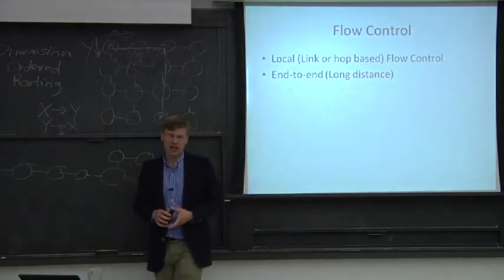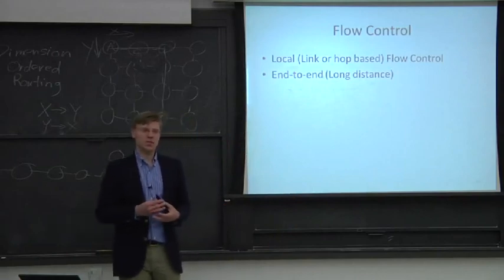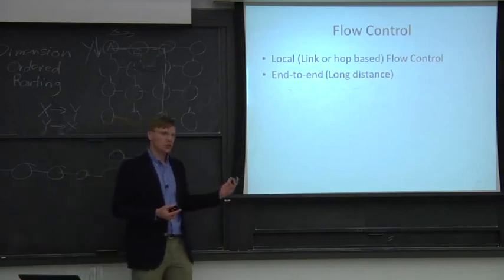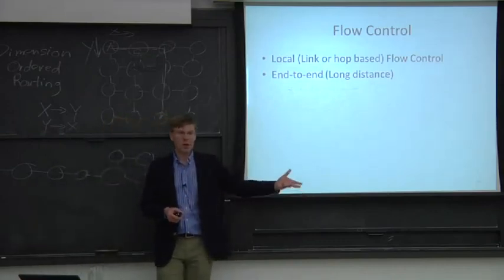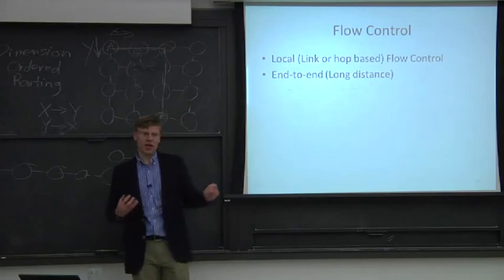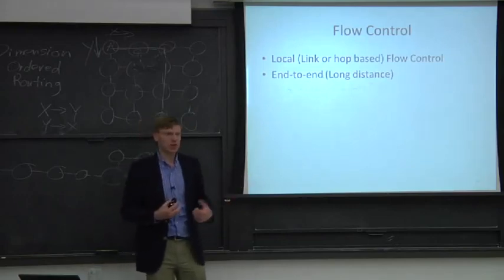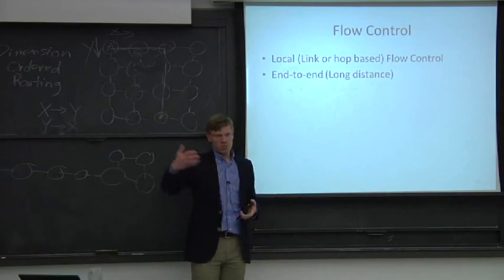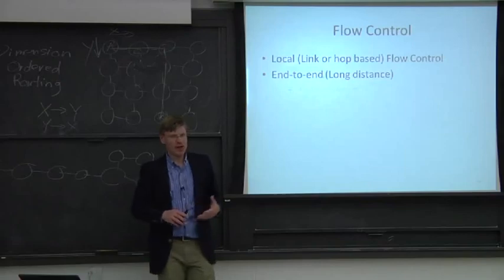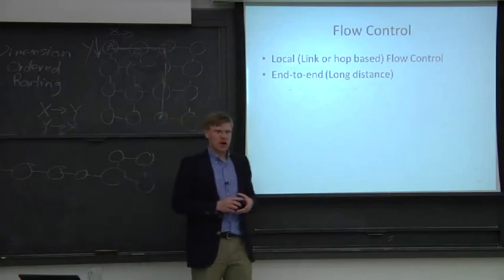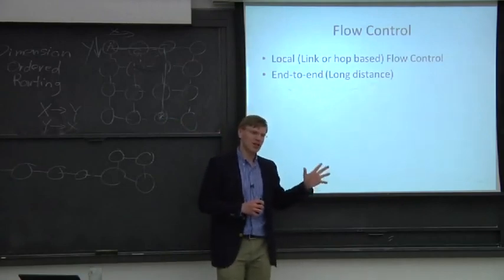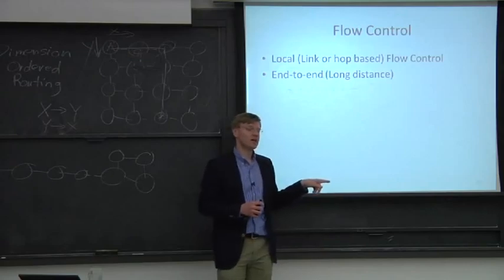Or a good example actually on an on-chip network, so something like a many-core, is if you're trying to guarantee that you do not overrun a buffer in the memory controller, but lots of different nodes are trying to route to the memory controller, you can actually have some sort of counter which effectively is a round trip flow control to the far away endpoint node and say, okay, you are allowed to have 5 outstanding memory transactions to the memory controller, but if you try to send a 6th, you need to wait for the ACK to come back.